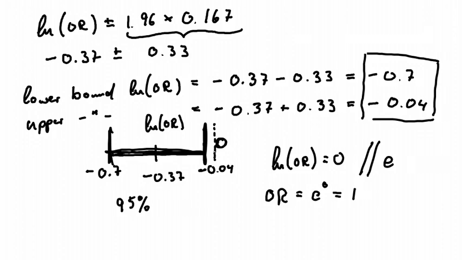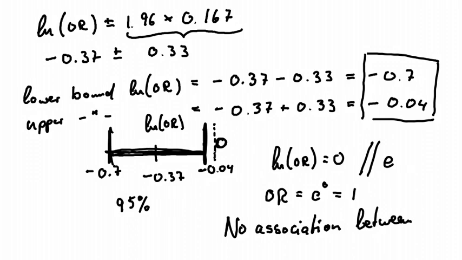An odds ratio of 1 means that there is no association between cancer and mutation.